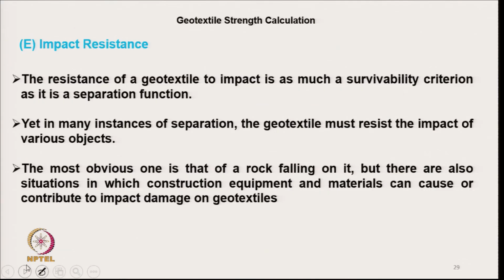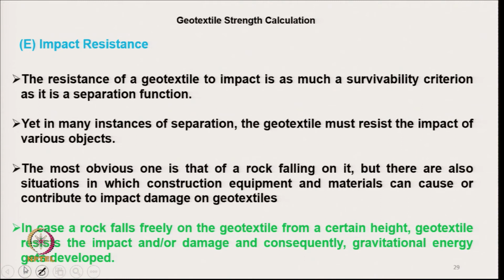The most obvious one is that of rock falling on it, but there are also situations in which construction equipment or material can cause impact and it may damage the geotextile. In case a rock falls freely on the geotextile from a certain height, the geotextile resists the impact and it may sometimes get damaged.